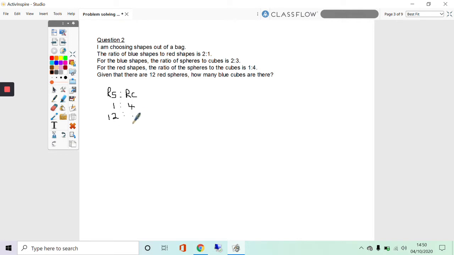I'm going to have 4 times as many red cubes. So I'm going to have 48 red cubes. So altogether, I'm going to have 60 red shapes.